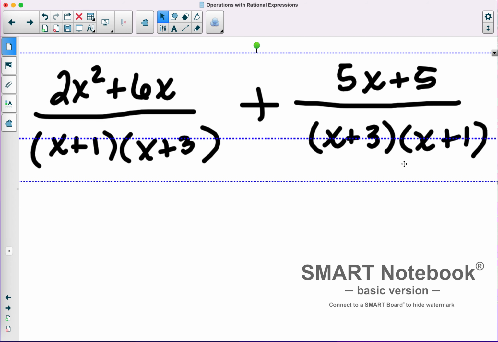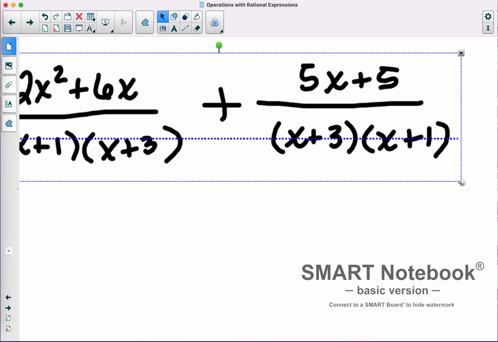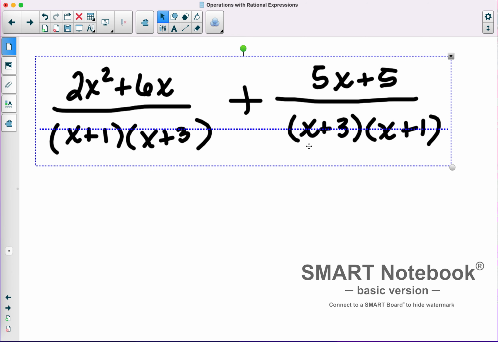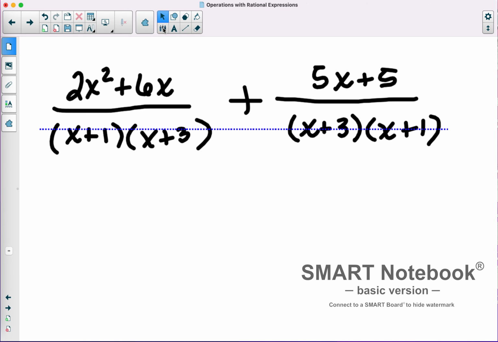Okay, pretend that this was actually subtraction. All right, so if we had changed the operation to subtracting these, you want to be careful because you're not subtracting just 5x, you're subtracting the entire fraction over here.